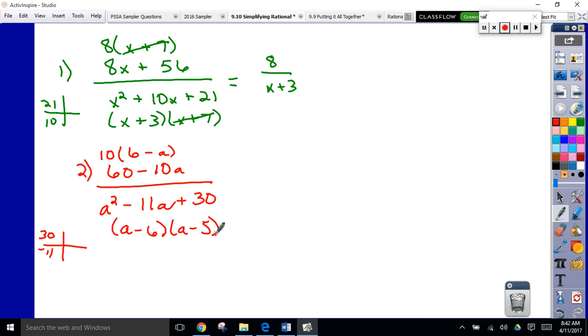So what can we do to that top one to make it like this one? We did it on the second example on the notes. Rosa? Factor out -1. Good, we can factor out a -1. So if we make this a -10, we can make this -6, positive A. Now they share that factor and we can get rid of it. So this one ends up being -10 over A minus 5.